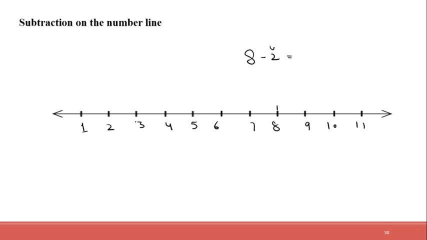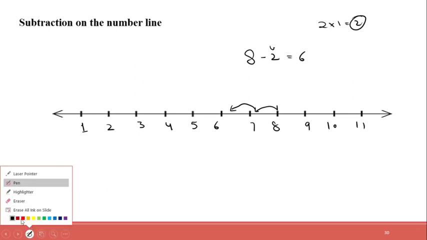Units are nothing but 1. If we subtract 2 units, that means 2 only. So from 8 to 7 is 1 unit, then 7 to 6 is 2 units. So it will become 6. Got it?